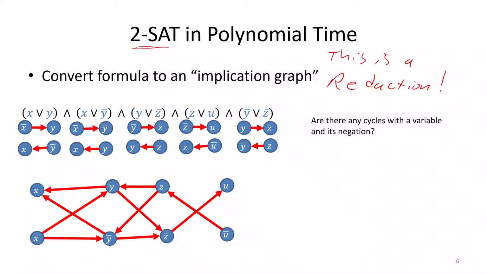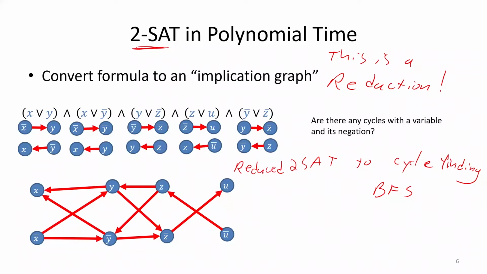So in this case, we reduced the problem of 2-SAT to this cycle finding problem, where that cycle finding problem we could compute with breadth first search. So in this way, we actually gave a proof about the efficiency of solving 2-SAT by relating it to the efficiency of solving this cycle finding problem instead.